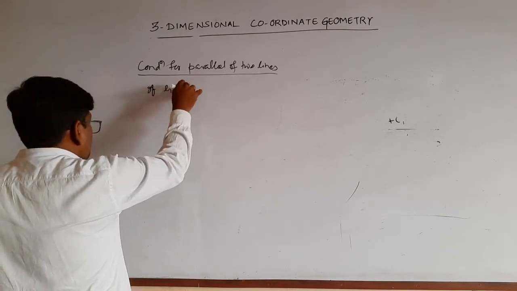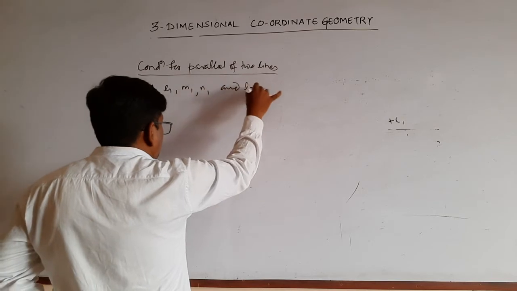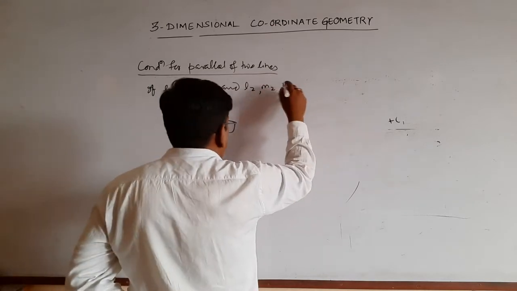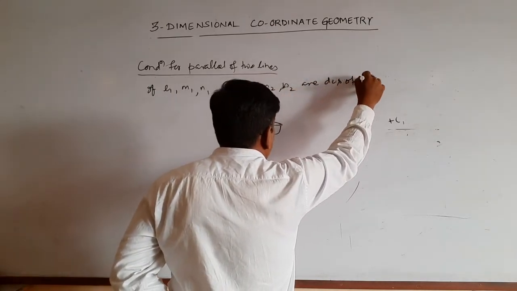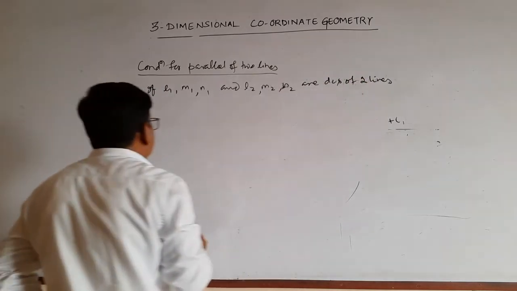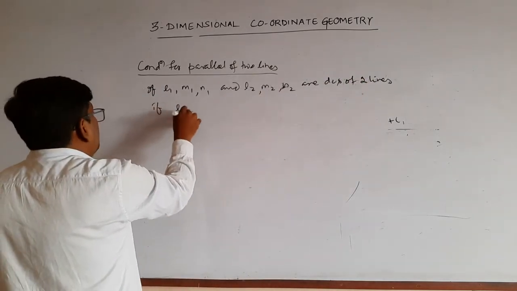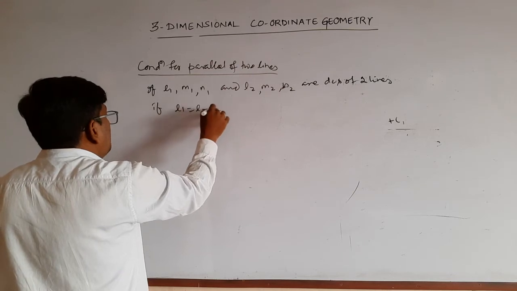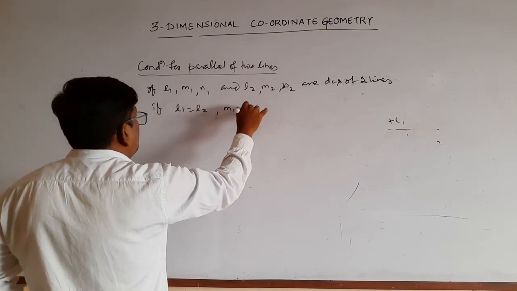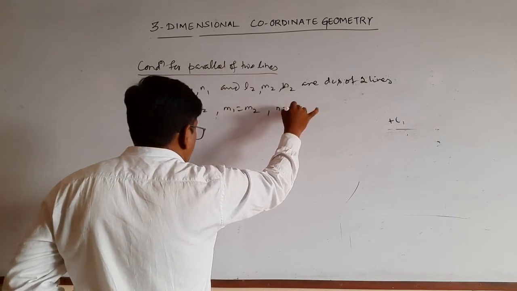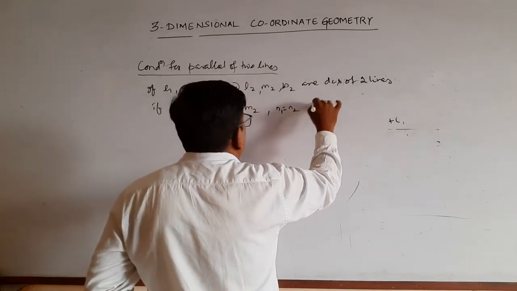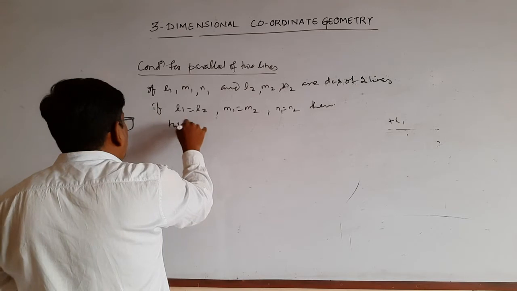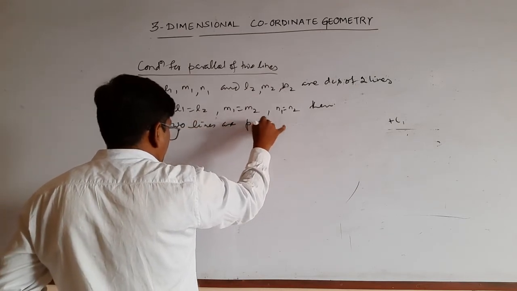If L1 M1 N1 and L2 M2 N2 are DCs of two lines, and if L1 is equal to L2, M1 is equal to M2, N1 is equal to N2, then the two lines are parallel.